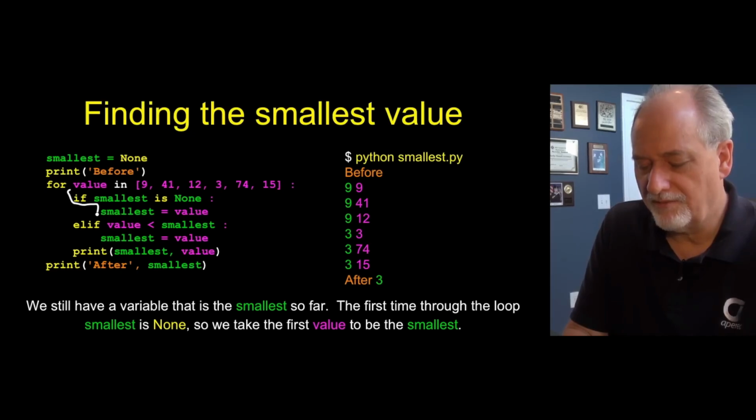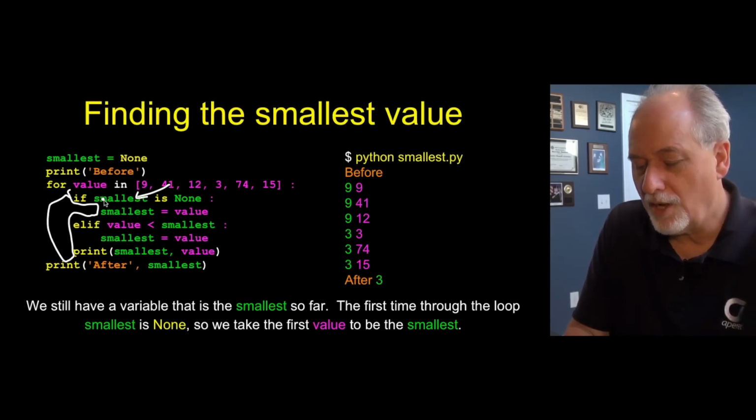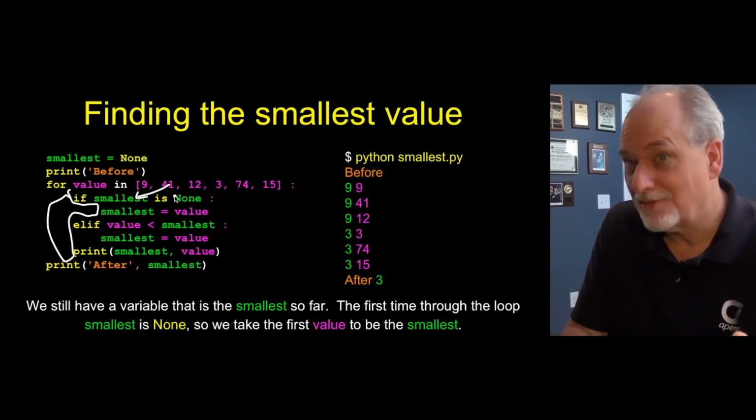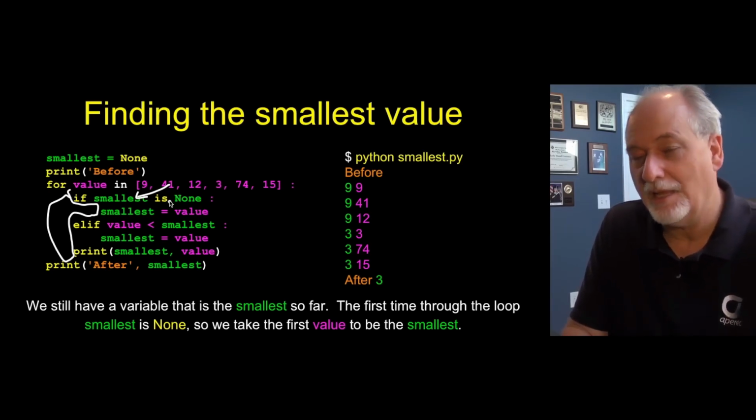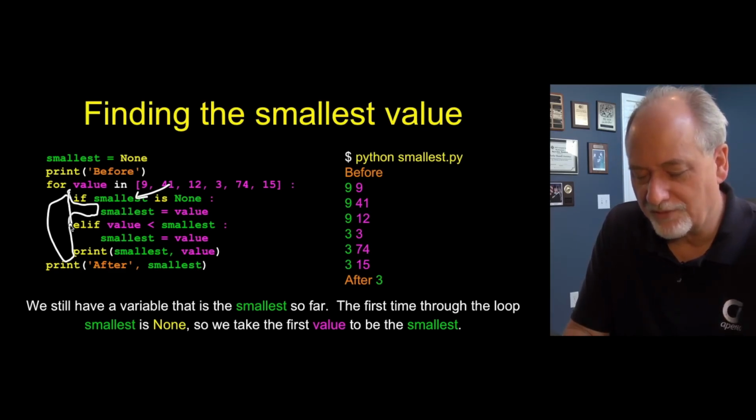Smallest is the value, and then we print it, and we go back up, and now it runs again with 41. 41 is not none. There's only one thing that's none, so it is not equal to none. Smallest is not equal to none, or is not none. So this is false, so it skips over here. Then it asks the question, is the value we're looking at, 41, less than smallest?